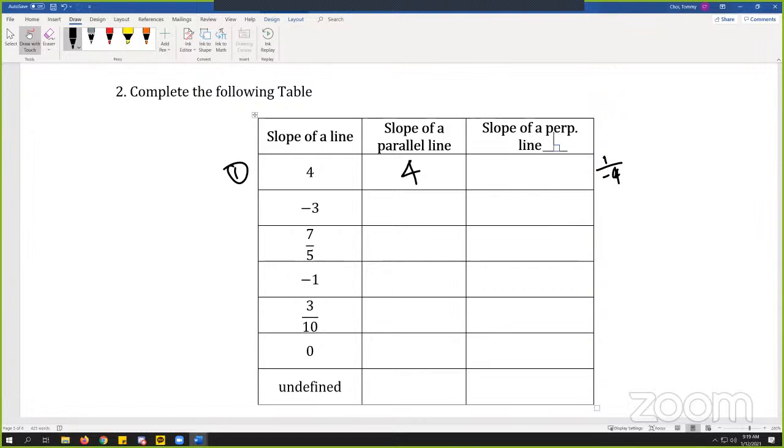So the next person on that list would be Santiago. Santiago, what's the slope of a parallel line for number 2? Santiago, you there? Don't worry, you two will get your turn, Mercel, Milana. Santiago, what's the slope of a parallel line if the slope of the first line is -3?